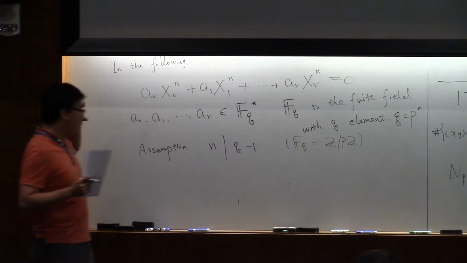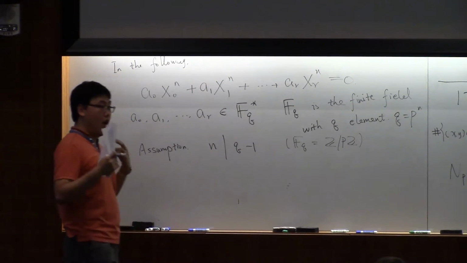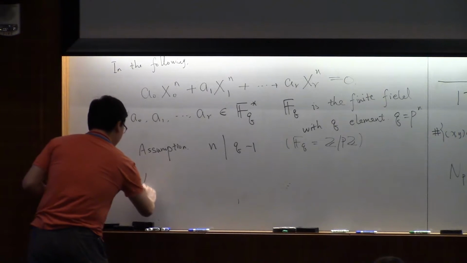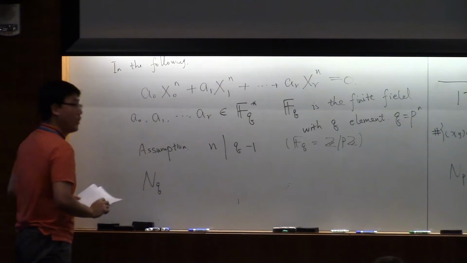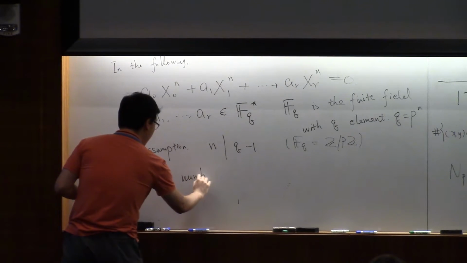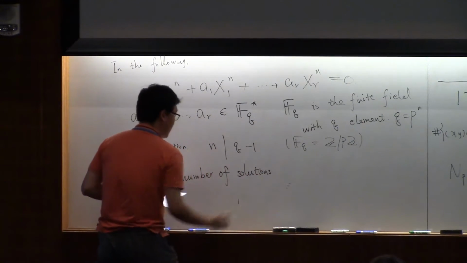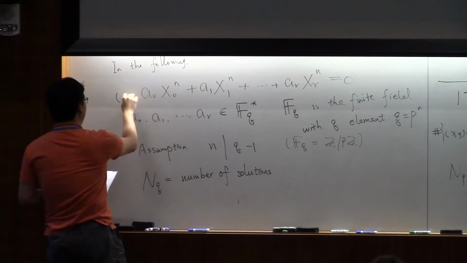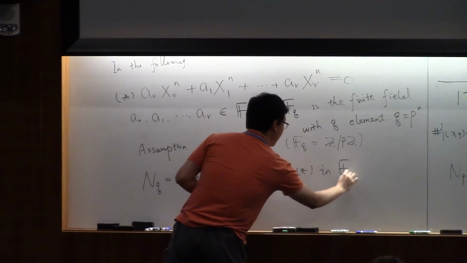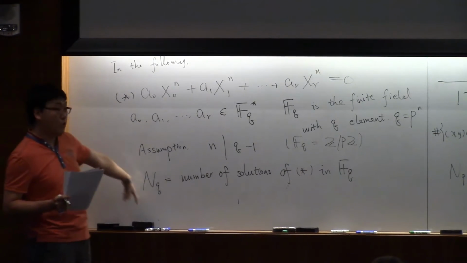This assumption is not necessary for the discussion. It just makes the discussion much simpler. And then I denote by N_q the number of solutions of this equation star in the finite field Fq. I want to compute this number.